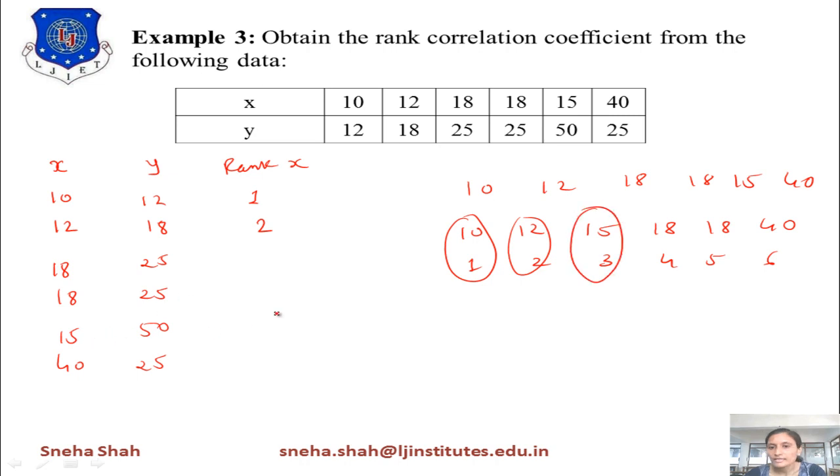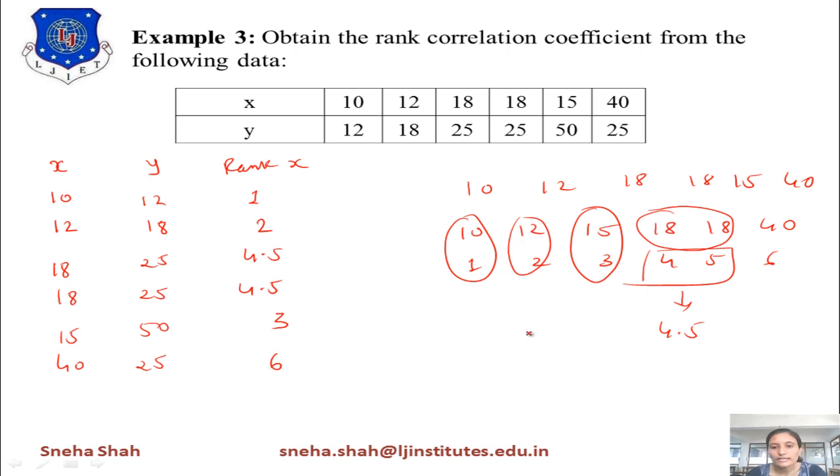Now you can see that there are two 18s with ranks 4 and 5. For that we take the average of 4 and 5, which gives 4.5. So I will write 4.5, 4.5, and the rank of 40 equals 6. So I will write the rank distribution like this.